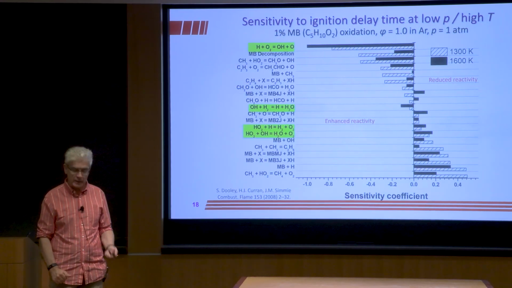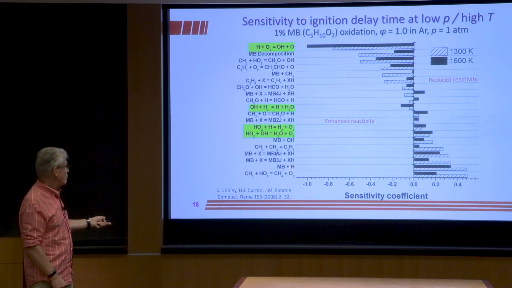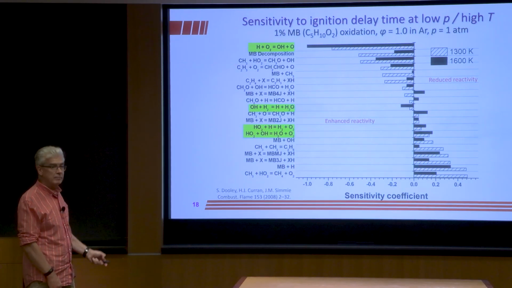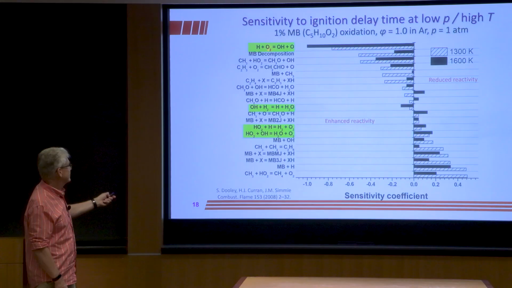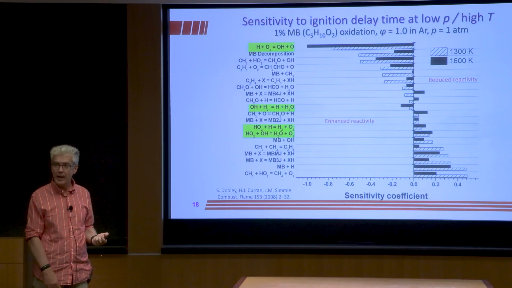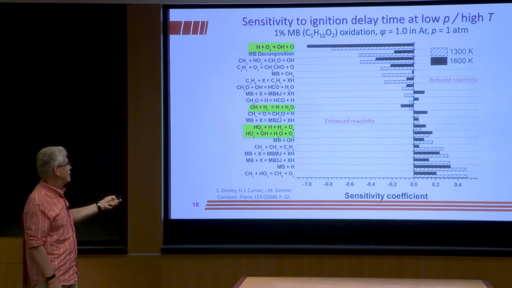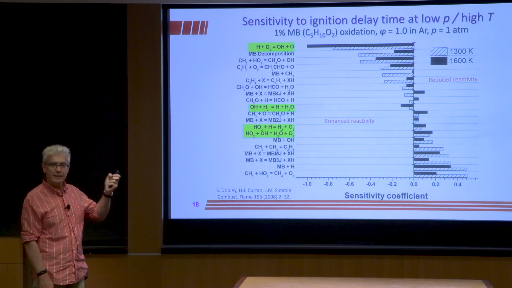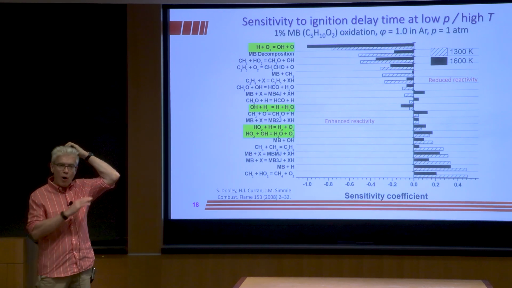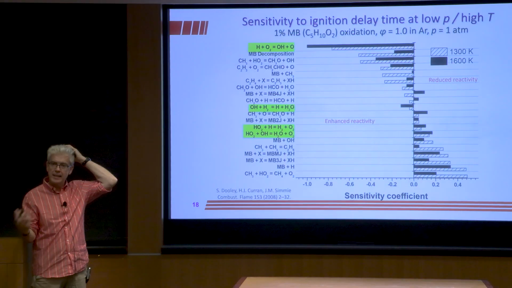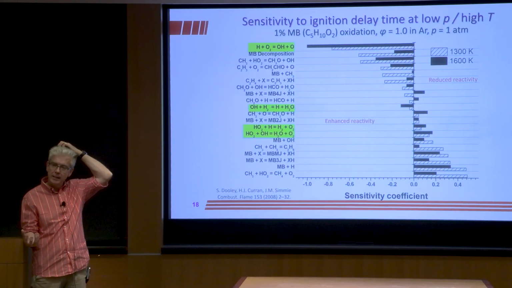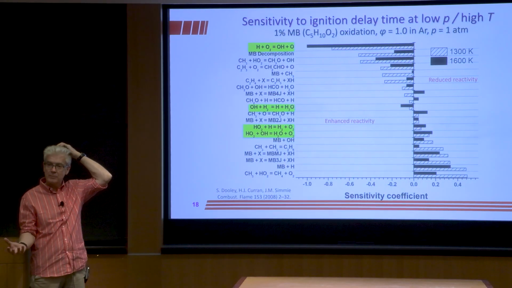Spot on, right? Because it consumes H atom. What does H atom like to do? It likes to react with its buddy O2 to give O plus OH. If it does that, we have a huge enhancing effect. So fuel reacting with H always inhibits, because it's competing with O2 for hydrogen atoms.